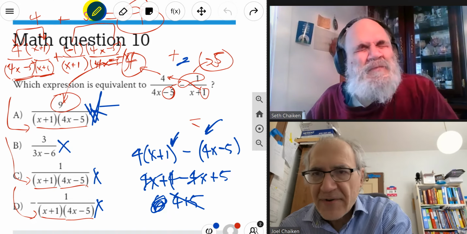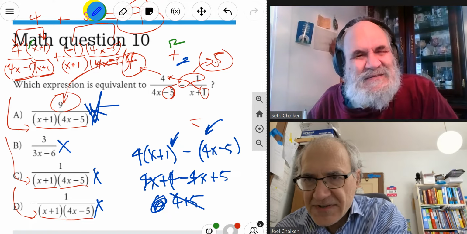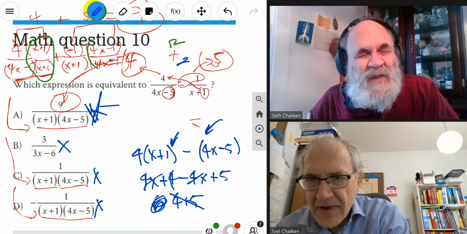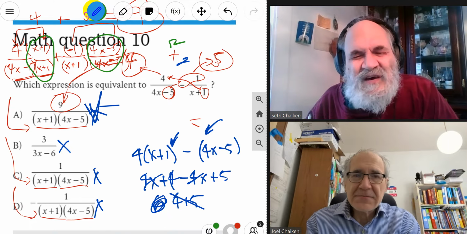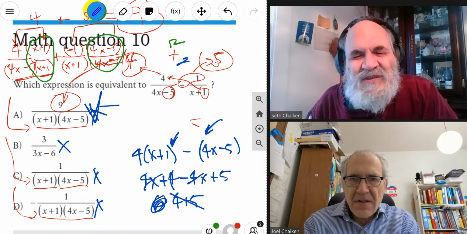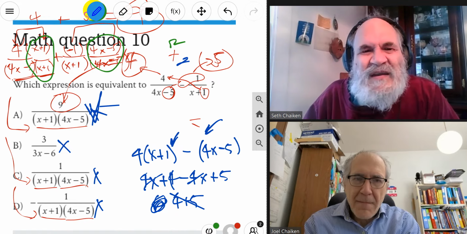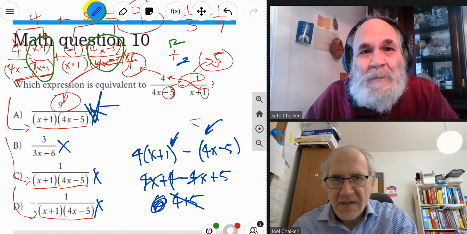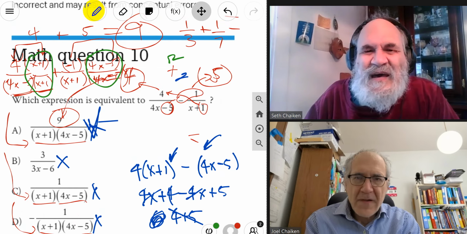It's very, very good when you're adding fractions to do this little thing that Seth did. Now that's the standard algorithm that they teach. But if you're adding, what is 1/3 plus 1/7?